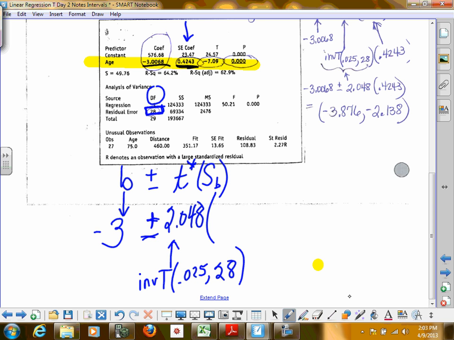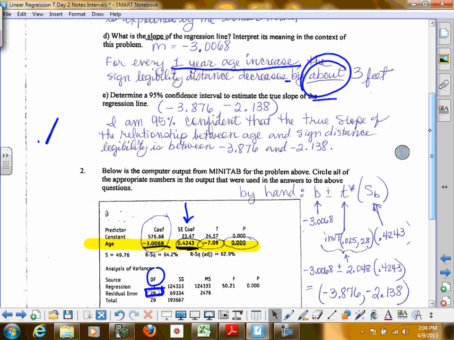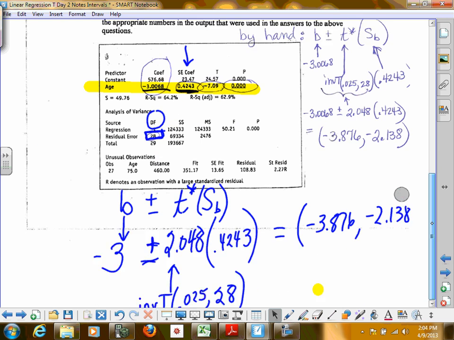Okay, so 0.4243, and guess what? If I do the algebra for that, I come up with negative 3.876 on the negative, 2.138, and that is the same thing that I got when I had the individual data and I could do it in my calculator. So you have two methods to go about here.